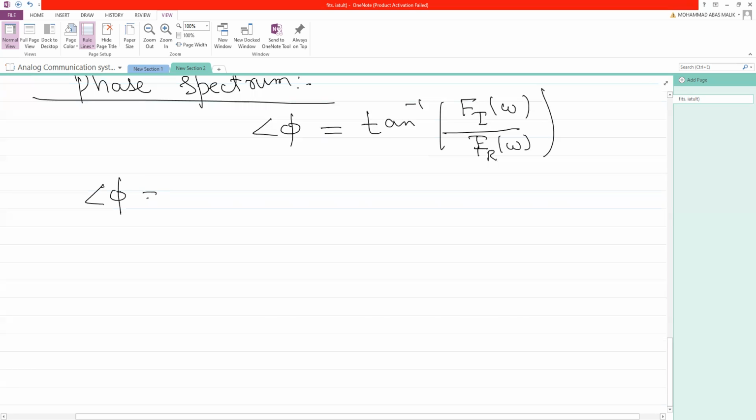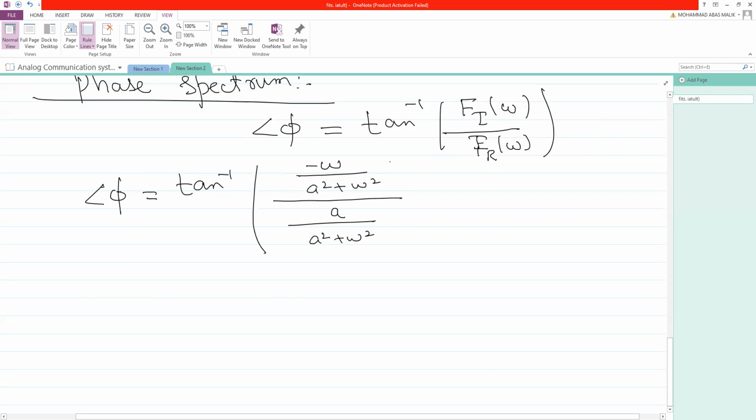So angle phi will be equal to tan inverse of, what's f imaginary equal to? Minus omega by a square plus omega square, well done. This divided by a by a square plus omega square.